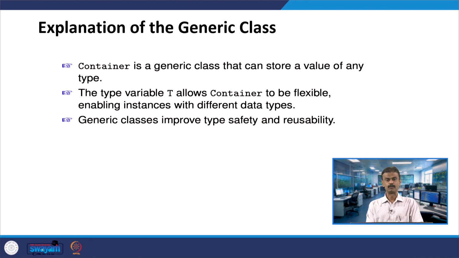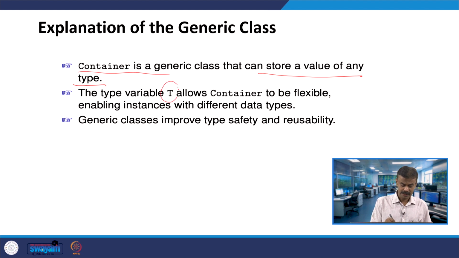In the previous program, the previous slide, the container is nothing but a generic class, and I also told you that it can store a value of any data type, all right. As usual, when I am using T, this is a type variable, and it is allowing containers to be more flexible.